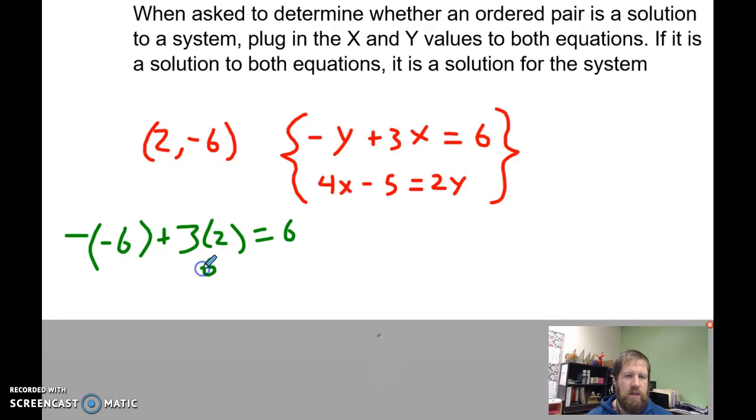So this should be 6, and this should be -6 or +6. 6 plus 6 equals 6. Well, that is not true. So already I can tell that this is not a solution to both linear equations, so it's not a solution to the system. And I don't even have to check for that second one. I can tell it's not going to be a solution.